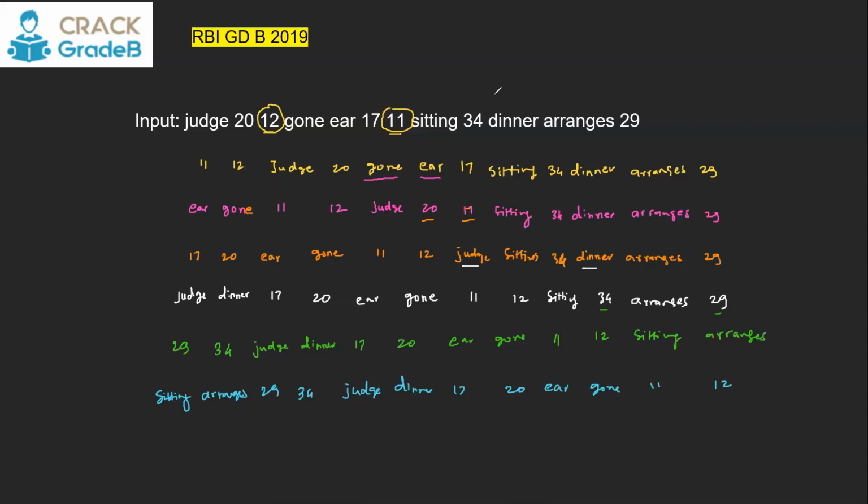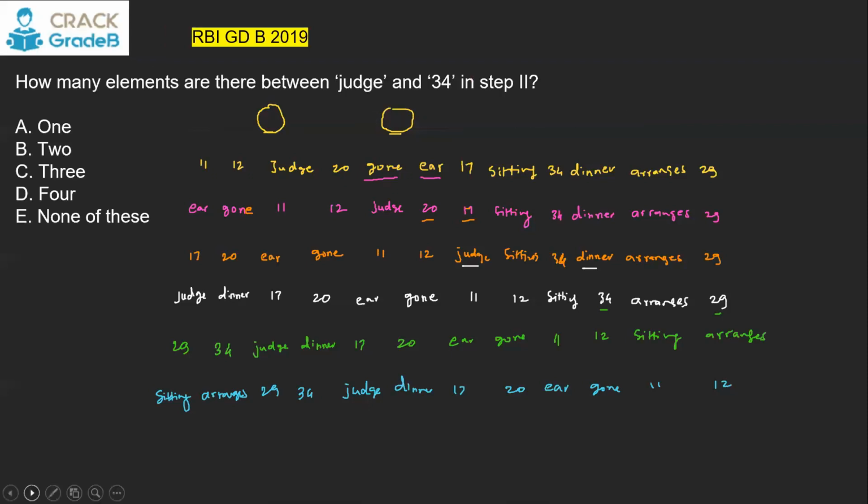Now let's answer the questions. How many elements are there between judge and 34 in step 2? This is step 1, step 2, step 3, step 4, step 5, step 6.